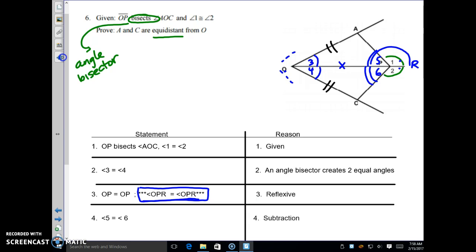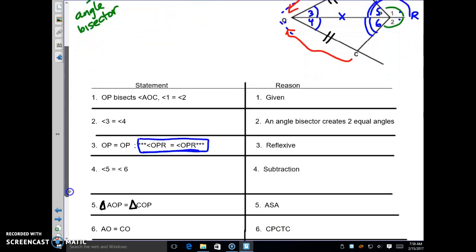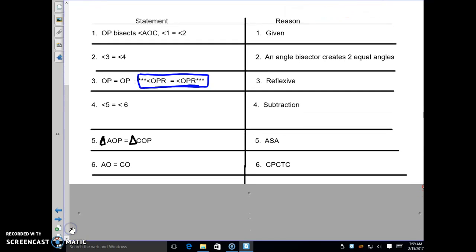Unfortunately, the last step doesn't say just to prove that. It says use A and C are equidistant from O. So is A the same distance from O as C is? And because they're the same length, that is in fact the case, and this is how you would write it in words.